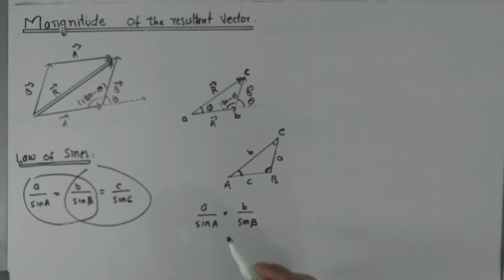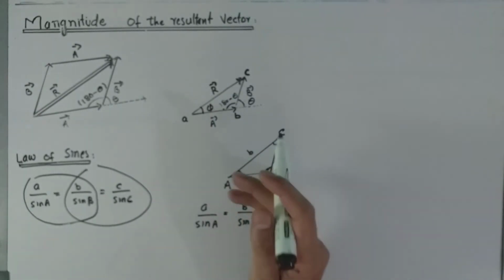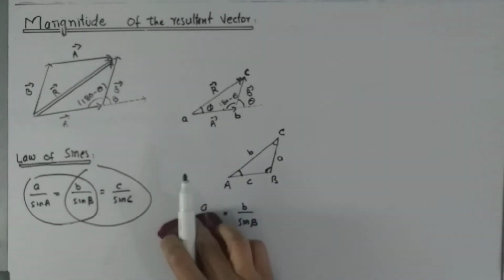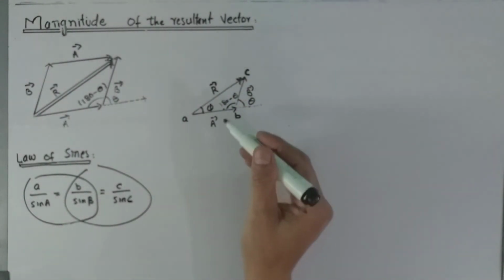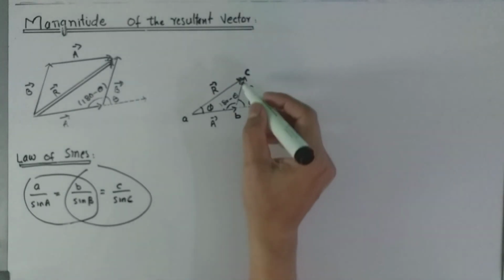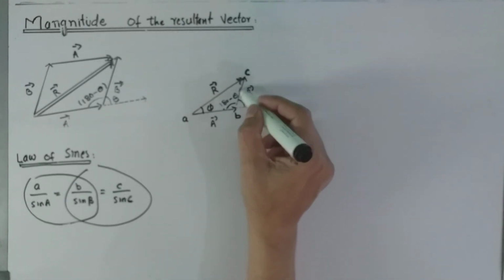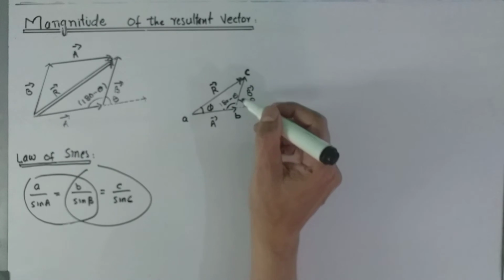Now apply the same rule on this triangle. I think we need to remove this one, we don't need it. Here this side is b; it is a vector b, but the magnitude is b.